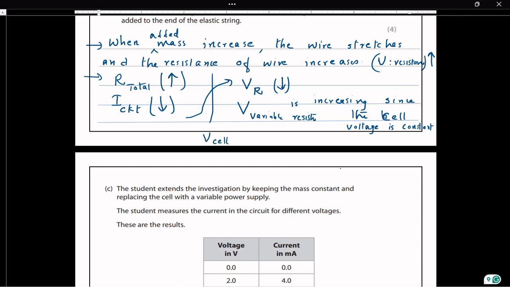V of the cell is the sum of the voltage of the variable resistor plus the voltage of the fixed resistor. So when the voltage of the fixed resistor decreases, the voltage of the variable resistor should increase, or it is increasing, to keep the cell voltage constant.